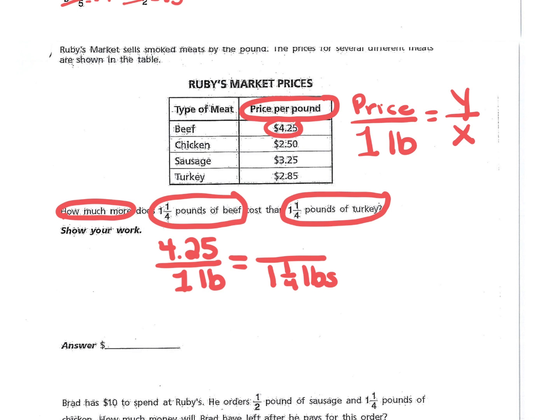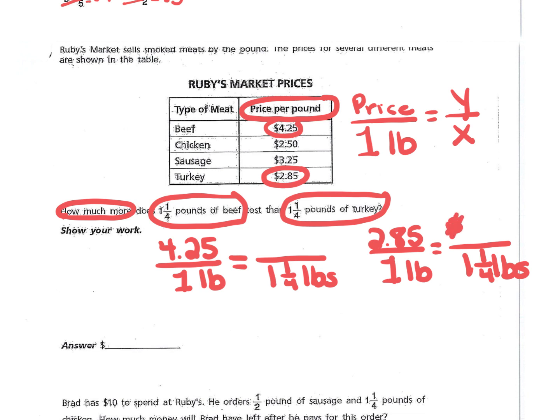For the turkey, which is $2.85 per 1 pound, you're going to scale up and figure it out for 1.25 pounds. Again, you're going to scale up, and then when you find the price for each, you're going to have to subtract and find the difference. How much more the beef is than the turkey.